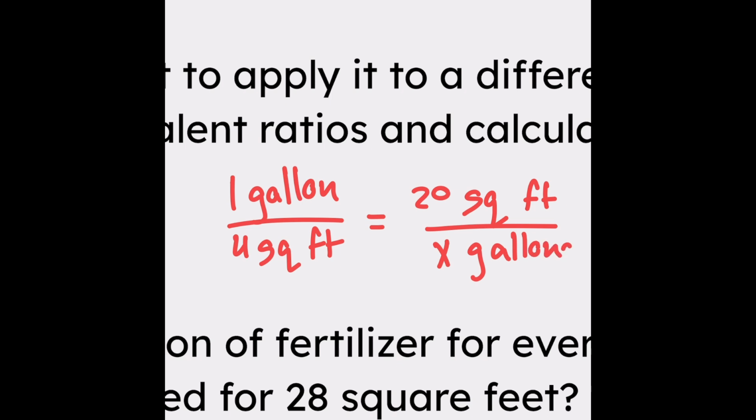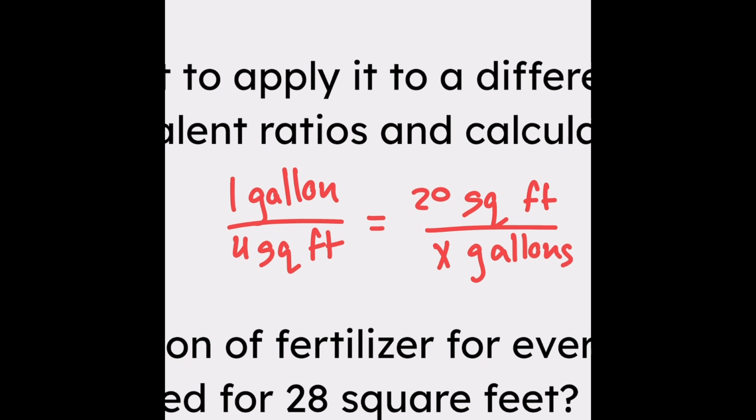This would be incorrect because we're not satisfying any of our rules. We either need to make it so that units are on the same side of the equation or on the same side of the divisor line. But in this case, we're not satisfying the rule about being on the same side of the equation. We have gallon and square feet on one side, gallon and square feet on the other side, and we're also not satisfying the rule about being on the same side of the divisor line.